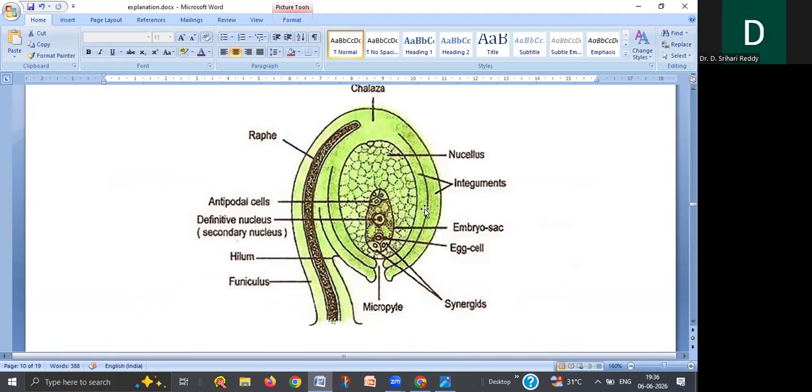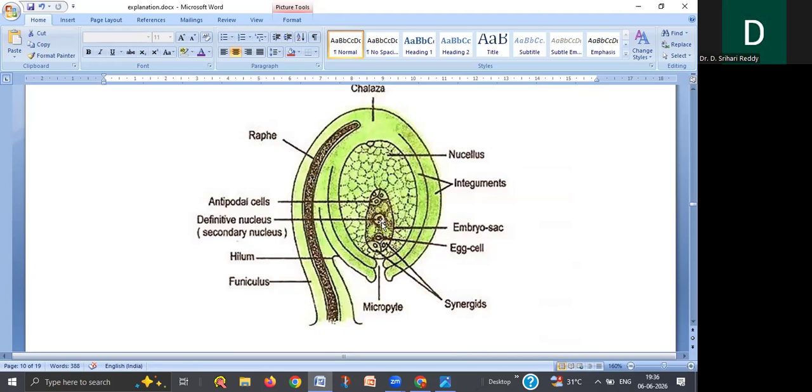So they are called bitegmic, and in case of the gamopetalae, usually we see only one integument, that is called unitegmic. And within the nucellus there is a female gametophyte. It is also called embryo sac, and within the embryo sac towards the micropyle there is the egg apparatus, two synergids, and at the center there is an egg cell. It is called egg apparatus.